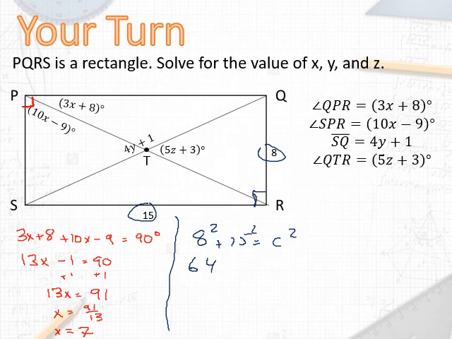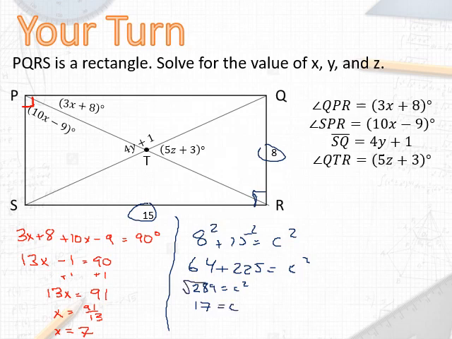So 64 plus 225 is 289. So 289 is going to be c squared. And the square root of 289 is 17. So 17 is equal to c.